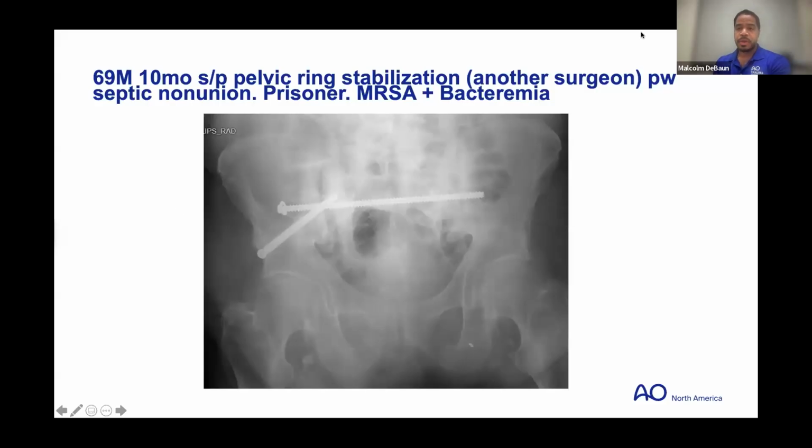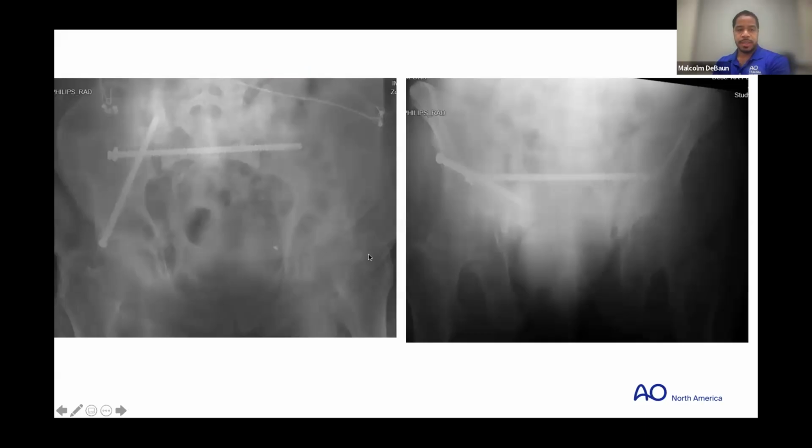Everybody take a quick look at the construct that he had. And here are his inlets and his outlets. Obviously you see screw loosening, you see instability of his pelvis with internal rotation of the right hemipelvis, and SI joint diastasis bilaterally, as well as some sclerotic and osteopenic areas.